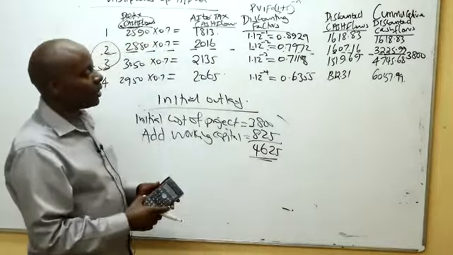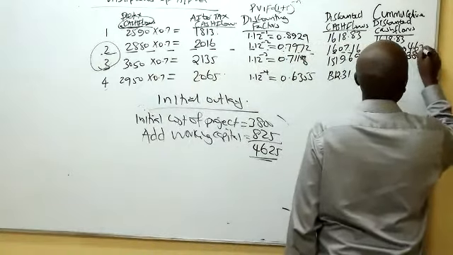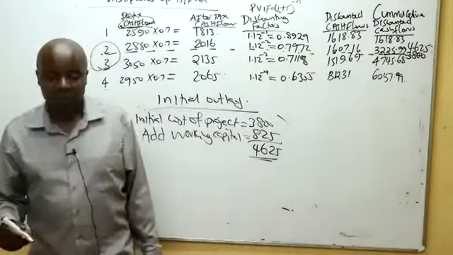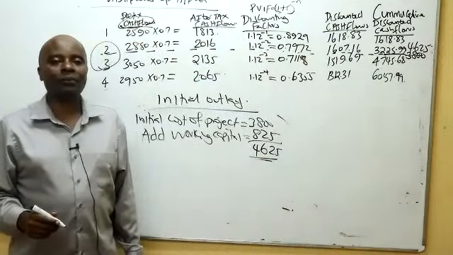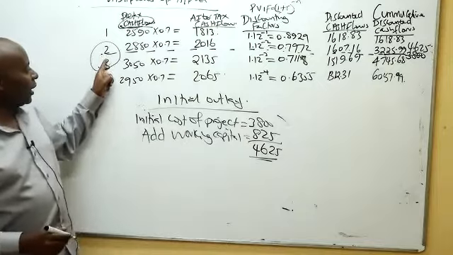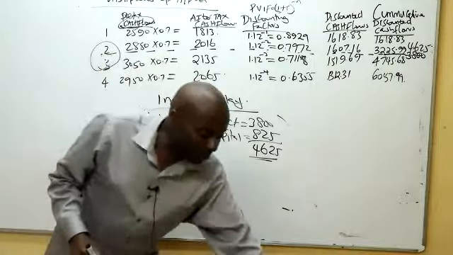So where does 4,625 fall? Still 4,625 falls in between years 2 and 3. So I would want to hear from somebody: what will be our payback period?